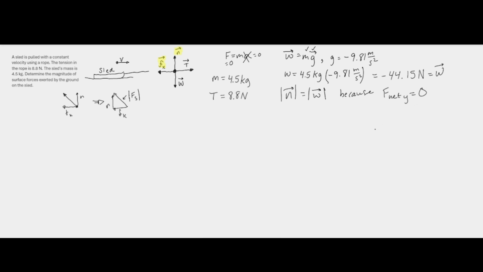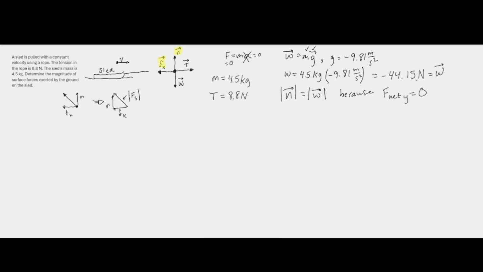We also know that F net in the x direction is equal to 0, because this is not accelerating. If it's not accelerating, according to Newton's second law, a is 0, then F must be 0. Okay, so the magnitude of the normal force is equal to the magnitude of the weight force.